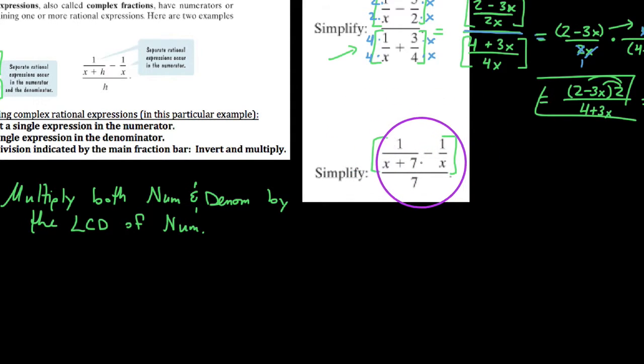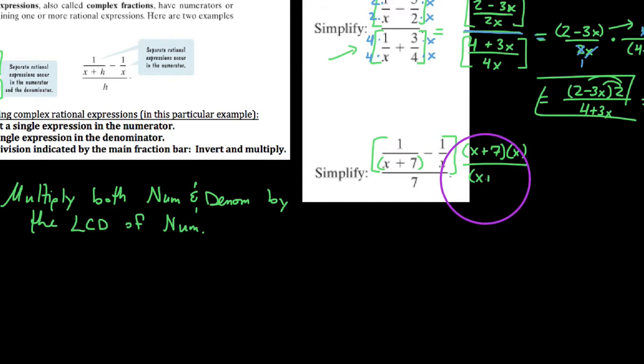I notice that the LCD between these two ratios here would be x plus 7 and x. So the idea is this. If I take everything on top times x plus 7 times x, and take everything on bottom times x plus 7 times x, what I want everybody to notice is essentially this.